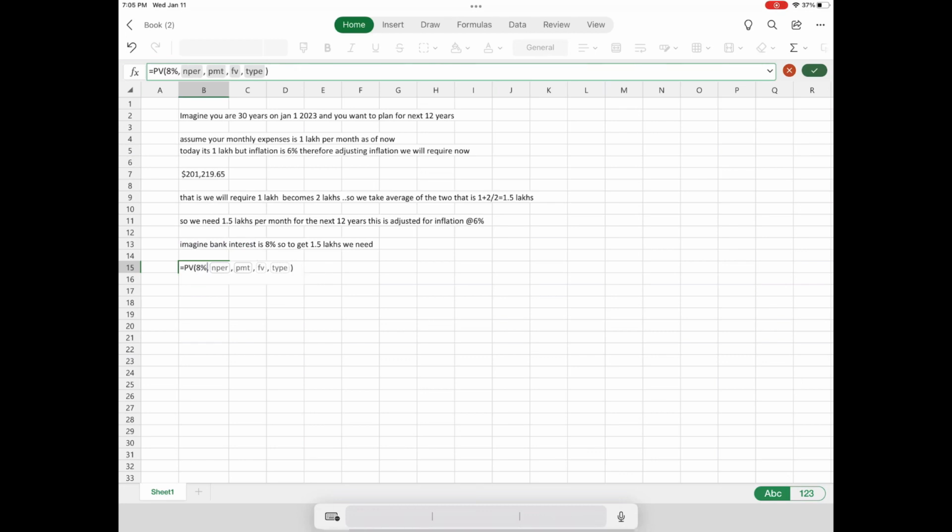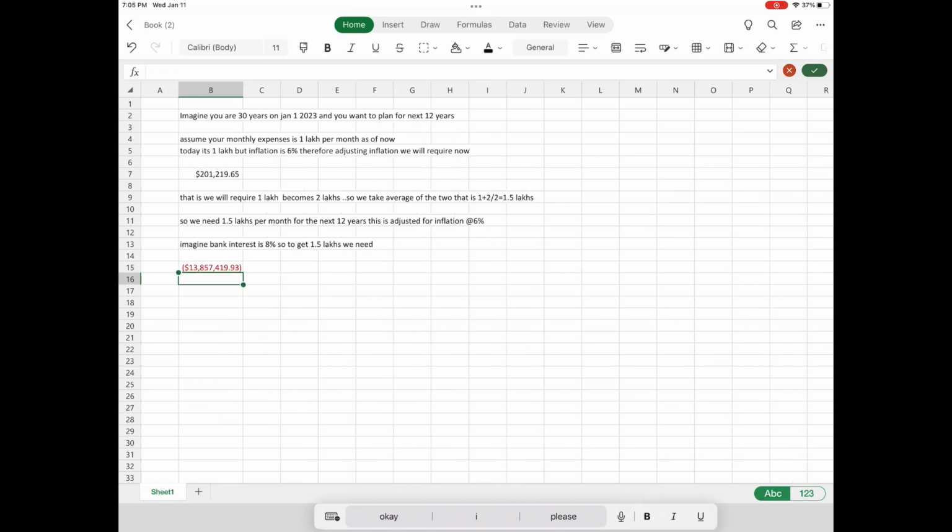So put 8%, divided by 100, divided by 12, sorry, because 8% is per year, so per month it will be 8% by 12. Then 12 into 12, we need it for 144 months, and we need 1.5 lakhs. The future value at the end of the term you are going to get is 0, no growth in that.